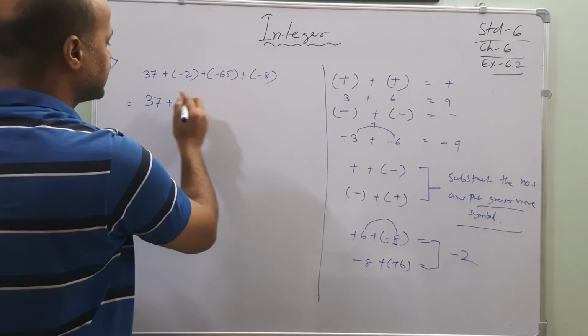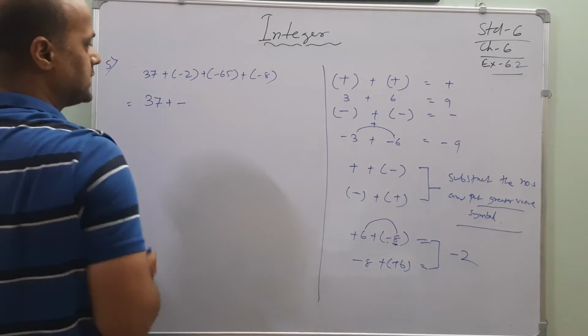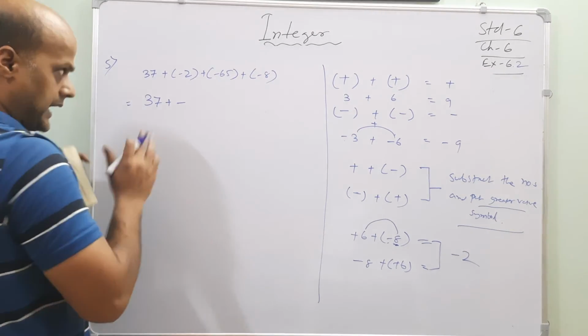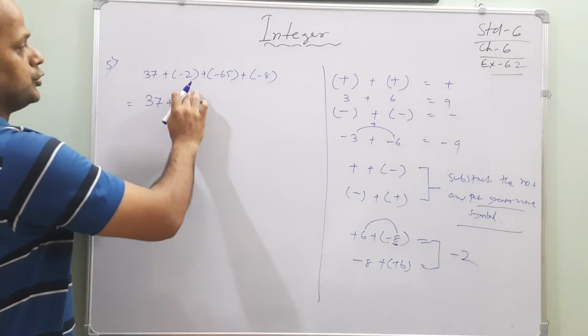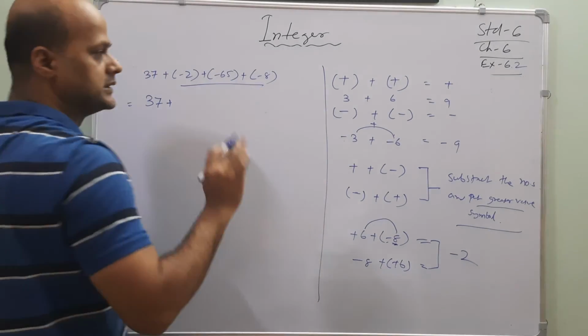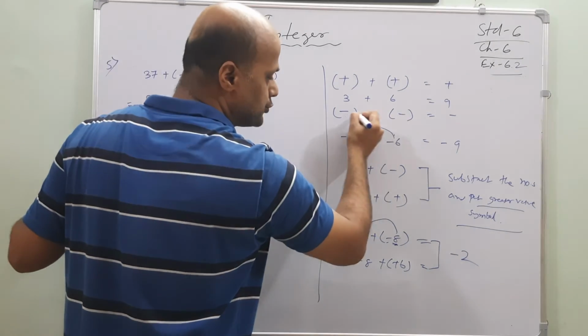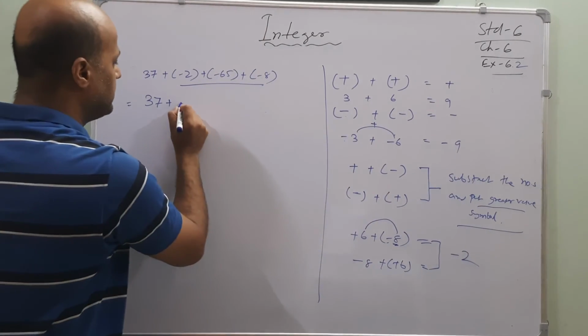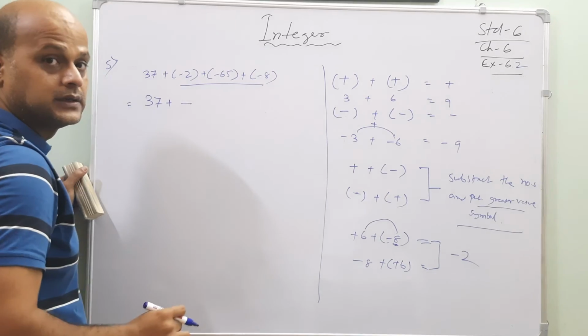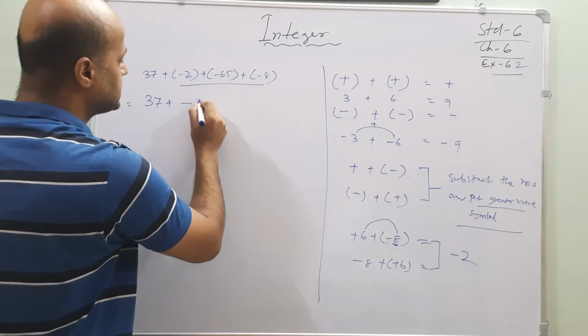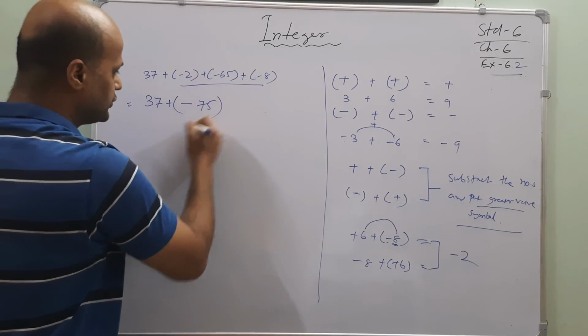Now in all the cases take out minus as common, or add all the numbers. Same rule: if two minus signs are there, what is the symbol? Minus will come here. Now add the numbers. 2 plus 8 is 10, plus 65 is 75. So put the bracket.